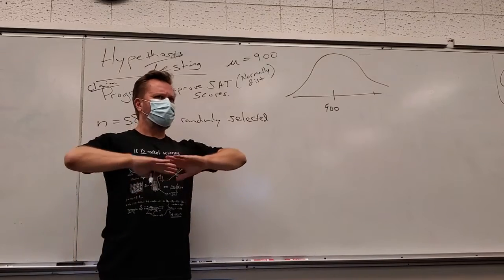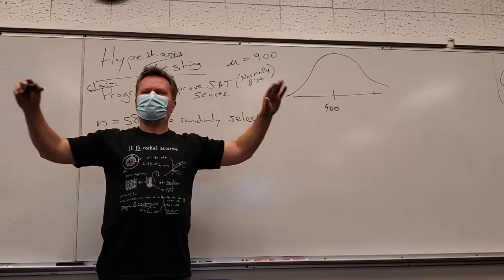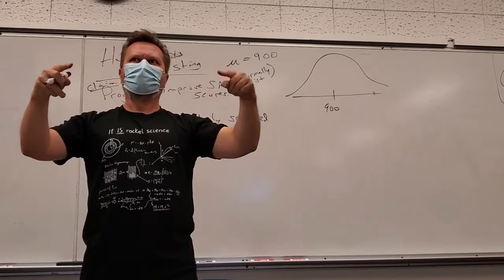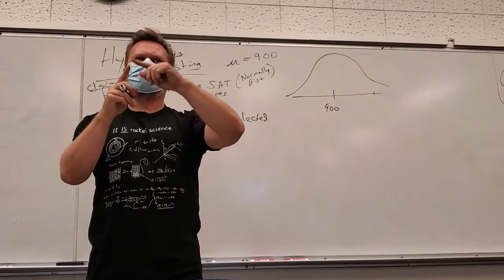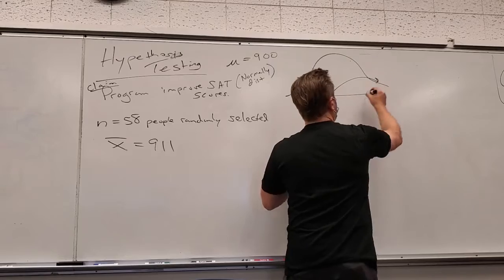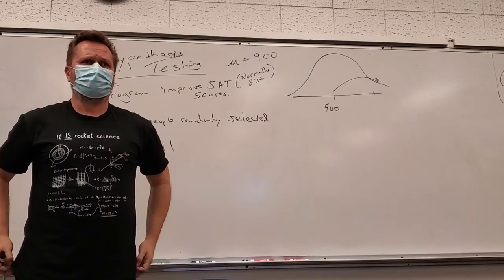In fact, if I take a sample, the variability could be whatever. So, I really want this to make sense, not only must our sample be greater than 900, it's got to be unusually higher than 900.